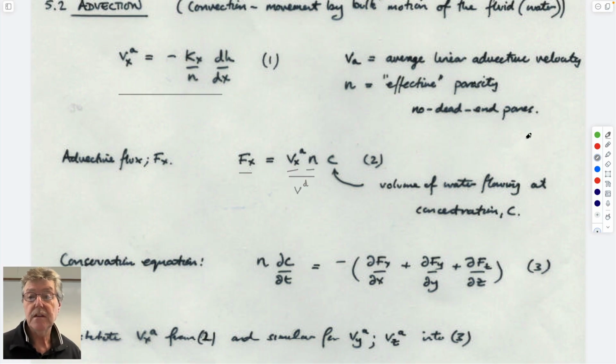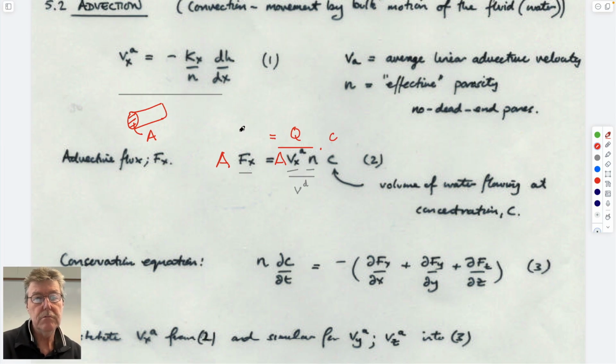And so actually, if we multiplied both sides by cross-sectional areas of flow, again, probably more information than you need, then this term here, all in red, would be a volumetric flow rate. And a volumetric flow rate times what we call the solubility, but which we'll now call the concentration, is equal to a mass flow rate.